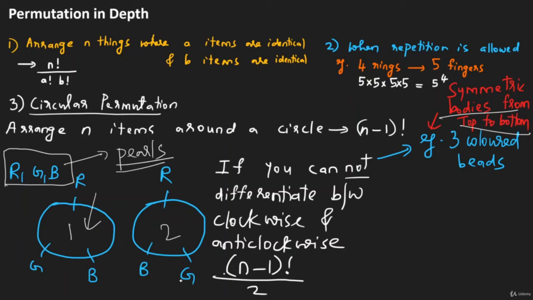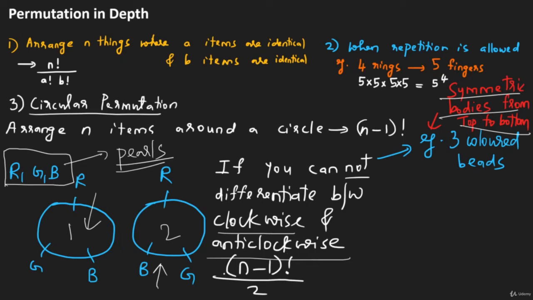The same arrangement, if you look at it from the bottom, you will see it like this. Therefore, in the case where the bodies arranged around the circle are symmetrical from top to bottom, or if you cannot differentiate between clockwise and anti-clockwise direction, these two are one and the same, and in those cases you have to find n minus 1 factorial divided by 2.